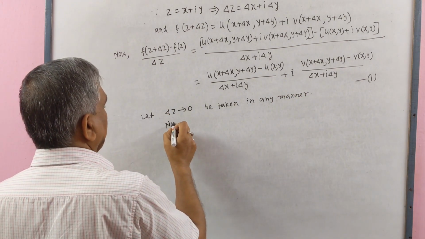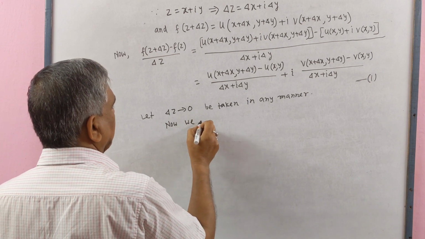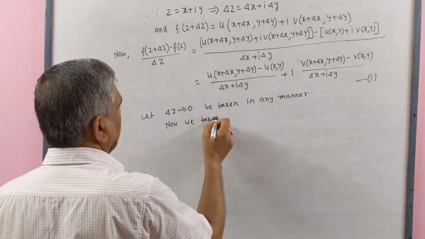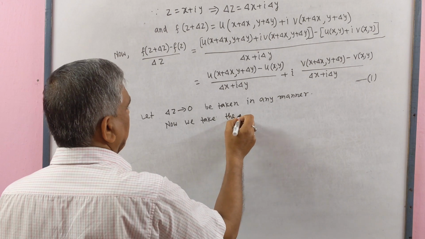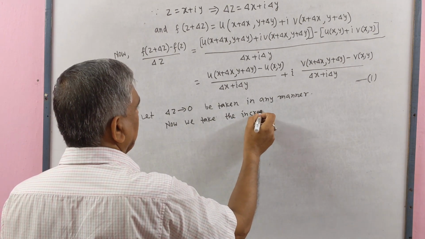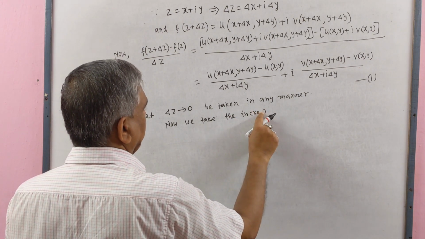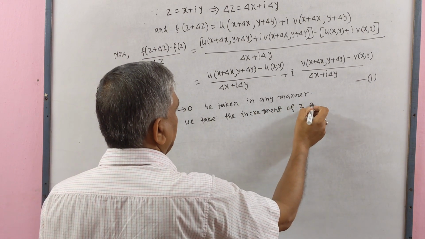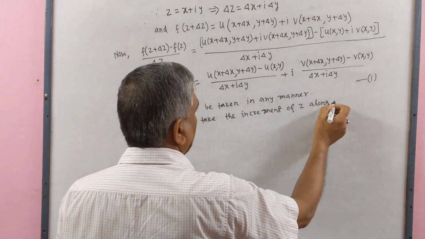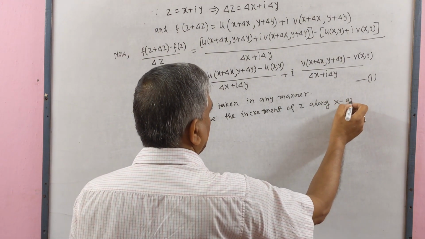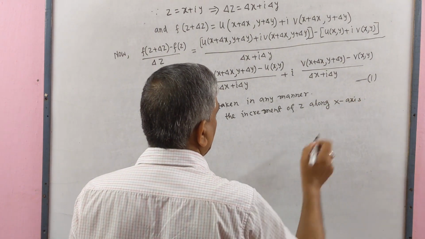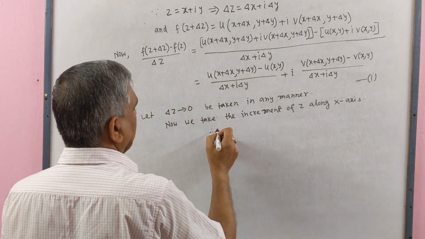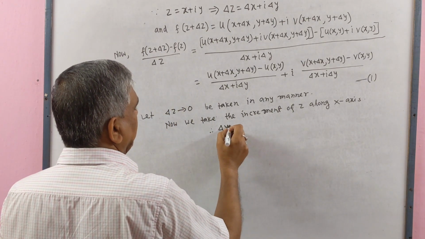Now we take the increment of z along x axis. Therefore, delta y equal to 0.